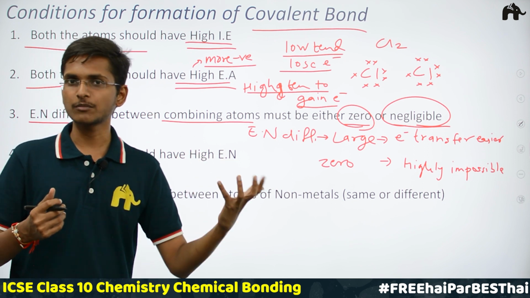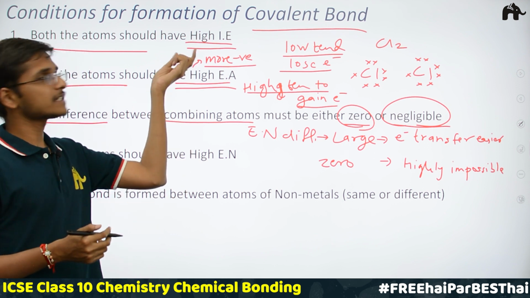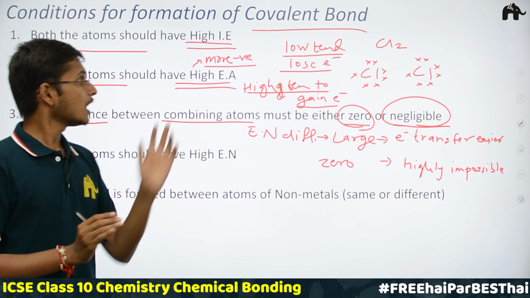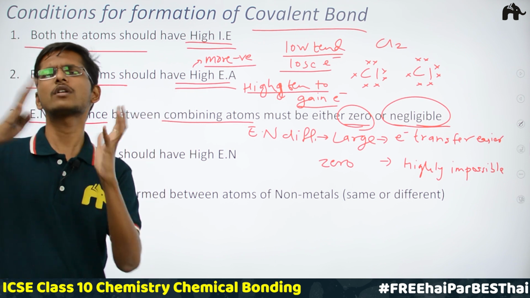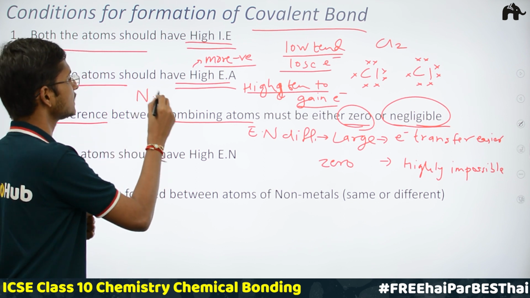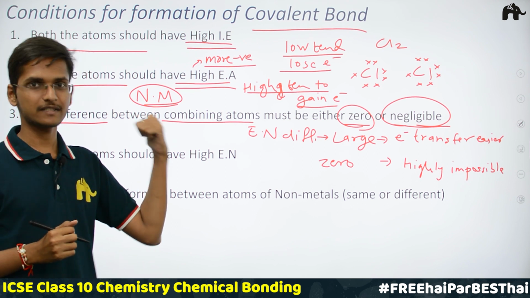Either an atom of a metal or an atom of a non-metal? We already know non-metals have very high ionization energies. Yes, this we have studied in the first chapter. And non-metals also have very high electron affinity, or more negative value of electron affinity, right? So both the combining atoms should be atoms of non-metals.